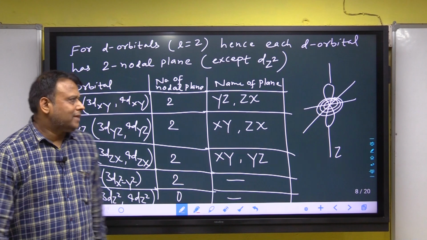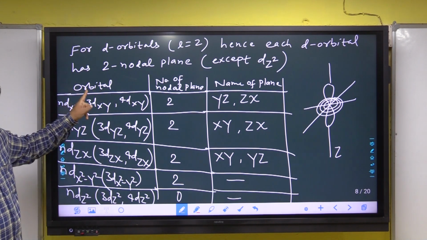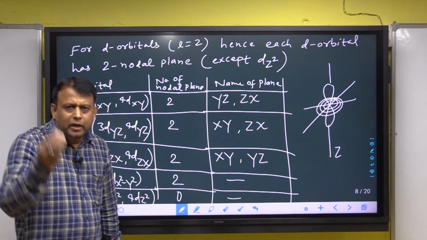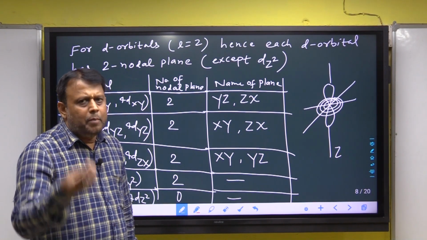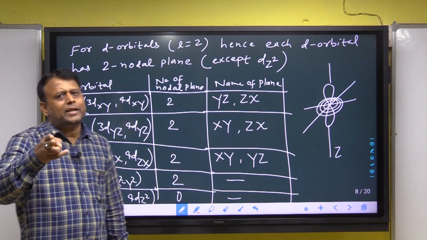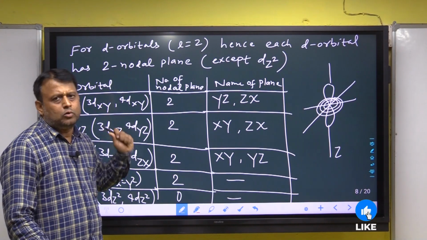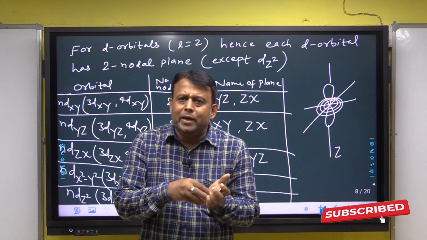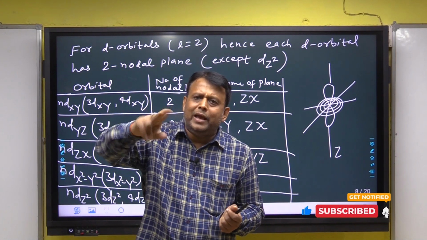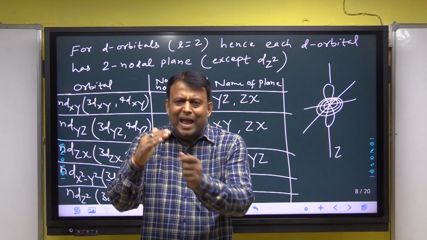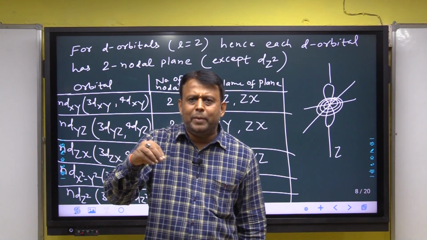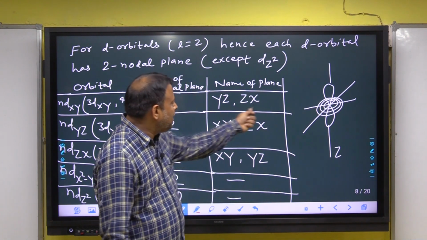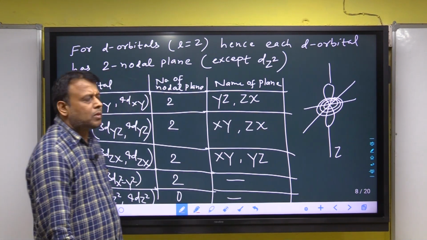Clear? Next, any dxy, 3dxy, 4dxy, 5dxy, number of nodal planes is 2. And dxy means both dumbbells lie between x and y. So when both dumbbells lie between x and y, then yz and zx planes are called nodal planes.